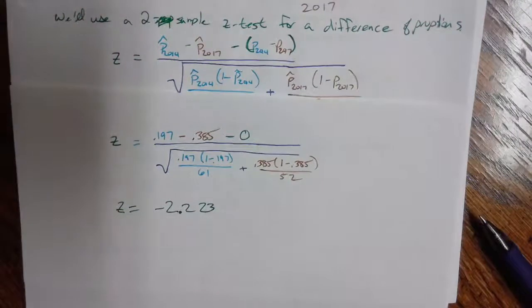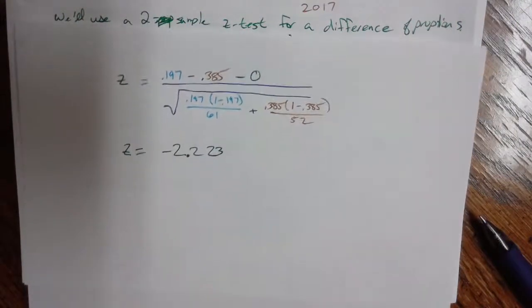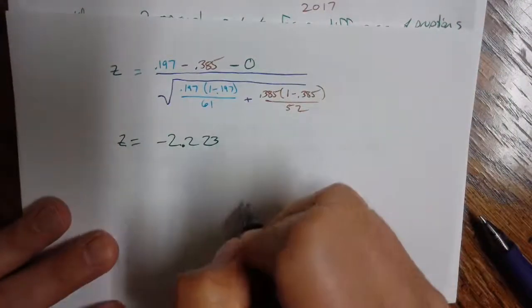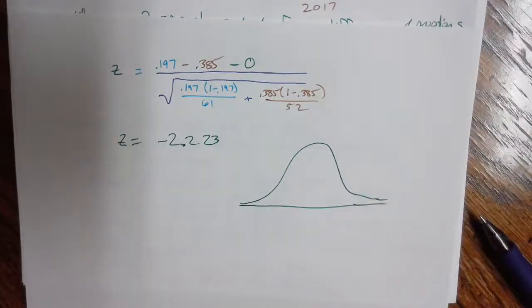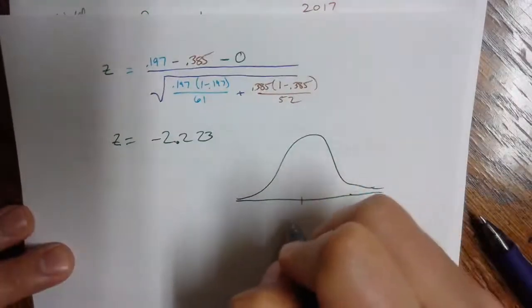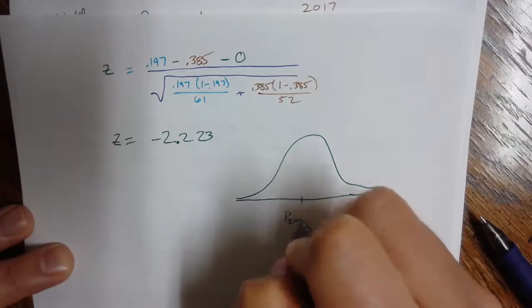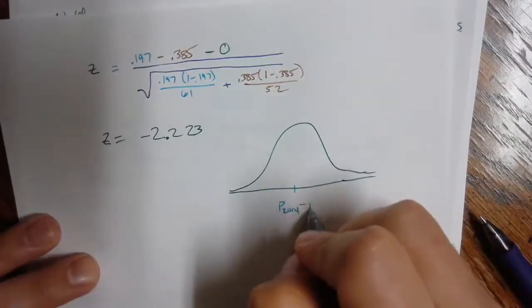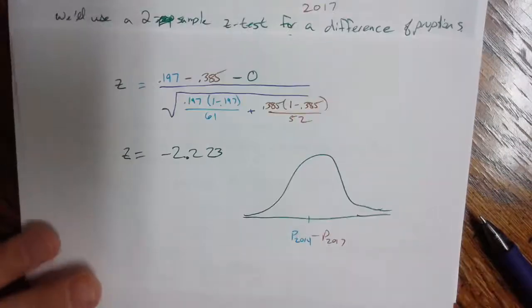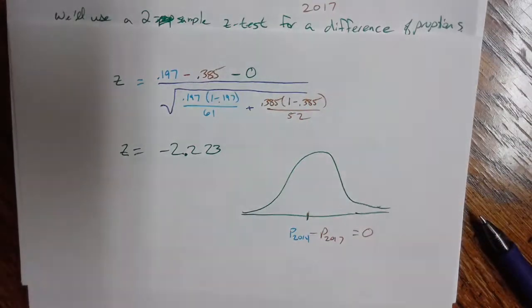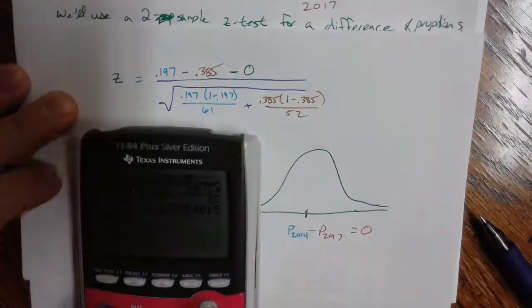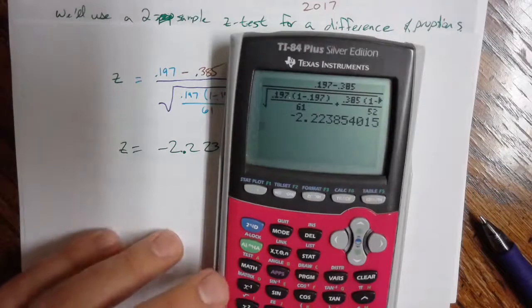And one thing I do like to do with these things is illustrate what we just did, where the assumption, our null hypothesis is 0, comes from the fact that we're going to assume that these two things are equal to each other. And we go out, we grab our sample, and our sample difference, well, I didn't actually just calculate the numerator on its own, 0.197 minus 0.385.